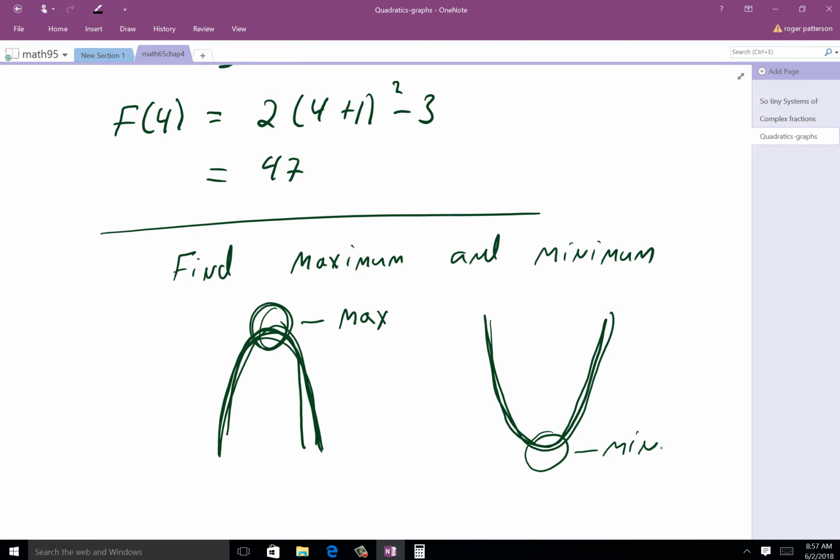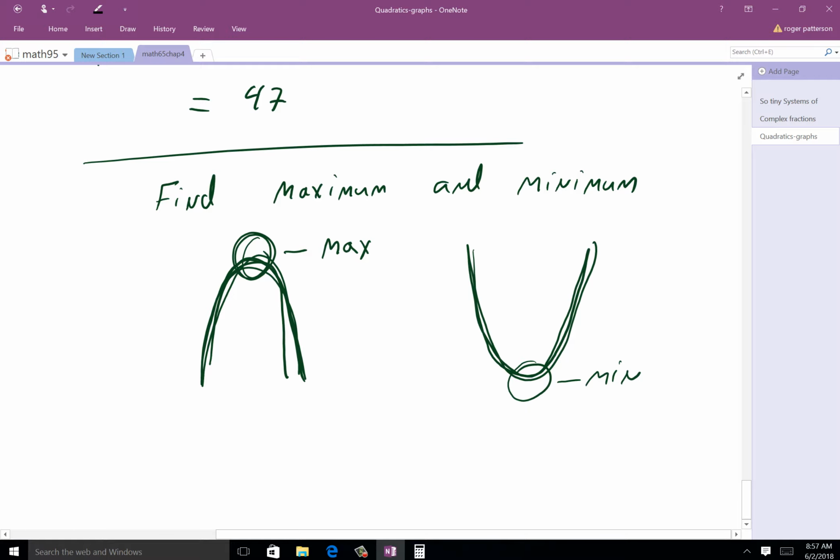Now, there are some folks who accept the maximum or minimum as being the y value. I like it to be a point. So on your quiz that you take next week, if you give me the y value, I'm probably going to say the vertex is a point.